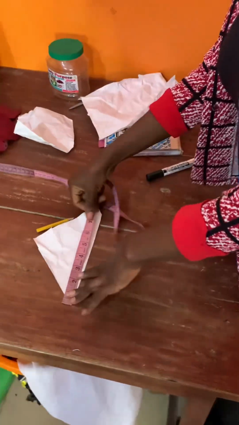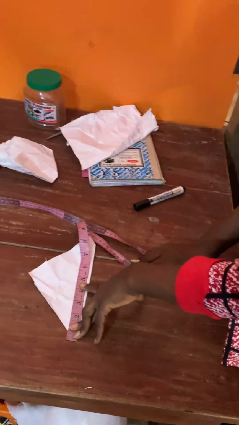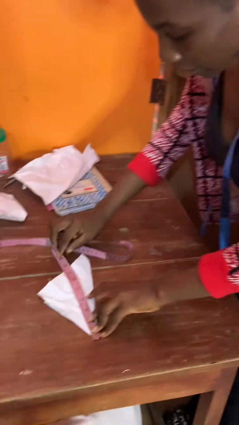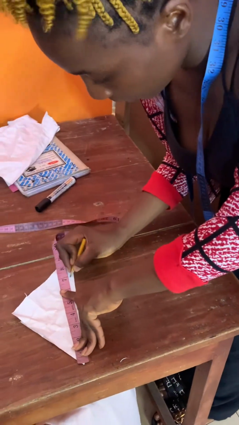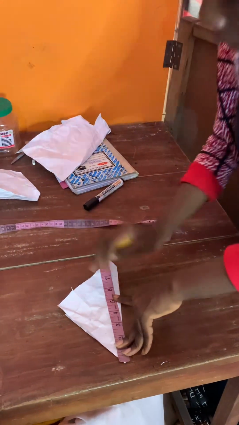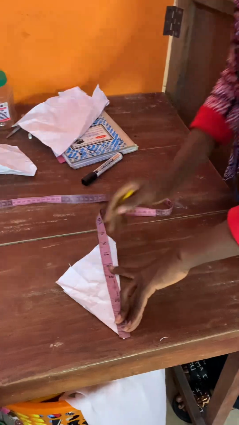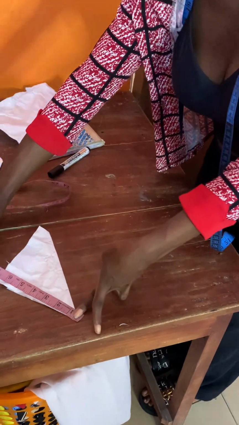So assuming that 38.8 is here, you are going to use that 38.8 and mark it all round.